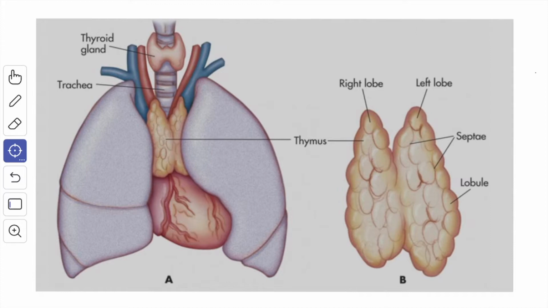The thymus consists of right and left lobes that are joined together by fibrous tissue, and each lobe has a connective tissue capsule. Connective tissue septa passing inward from the capsule incompletely subdivide the lobe into a number of lobules.